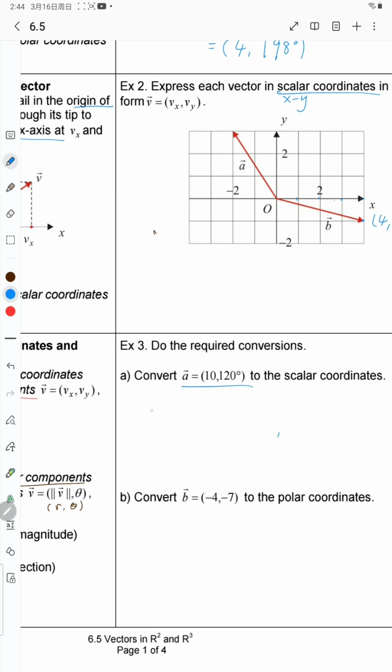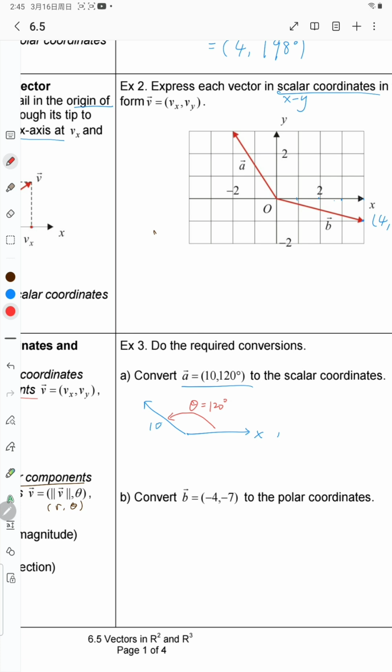Okay, so we have the magnitude 10, and then the positive direction of x, and then the counterclockwise angle here, right? This theta is 120, right?